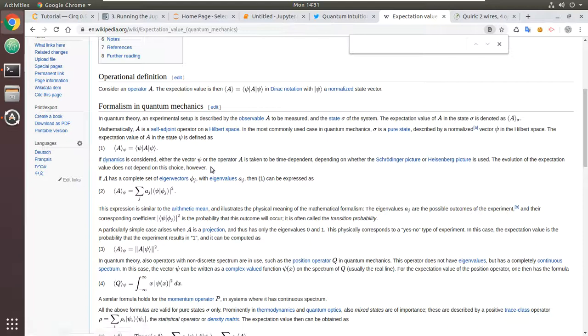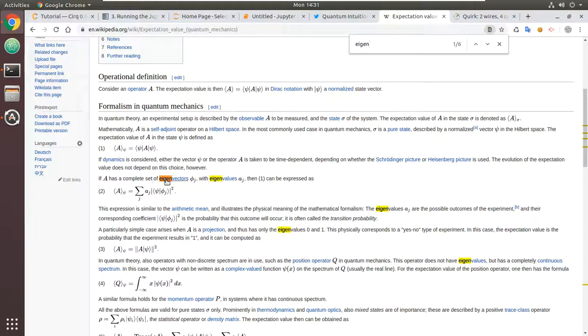If dynamics is considered, either the vector phi or the operator A is taken as independent.